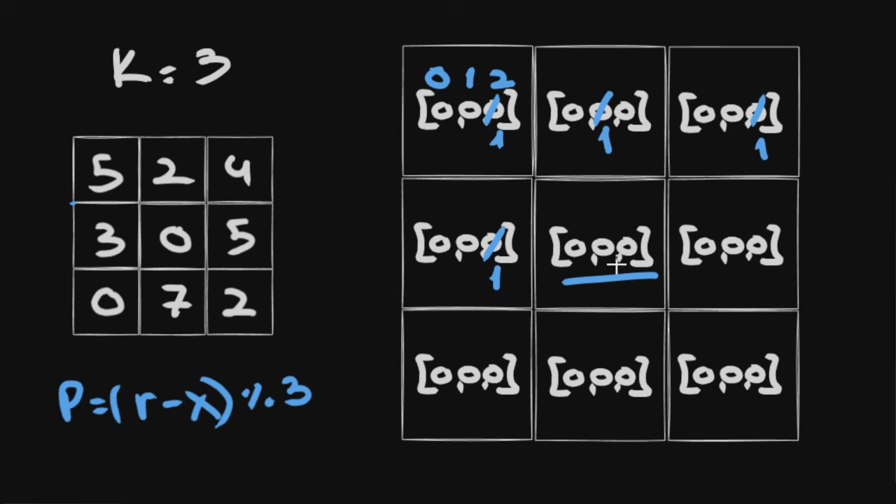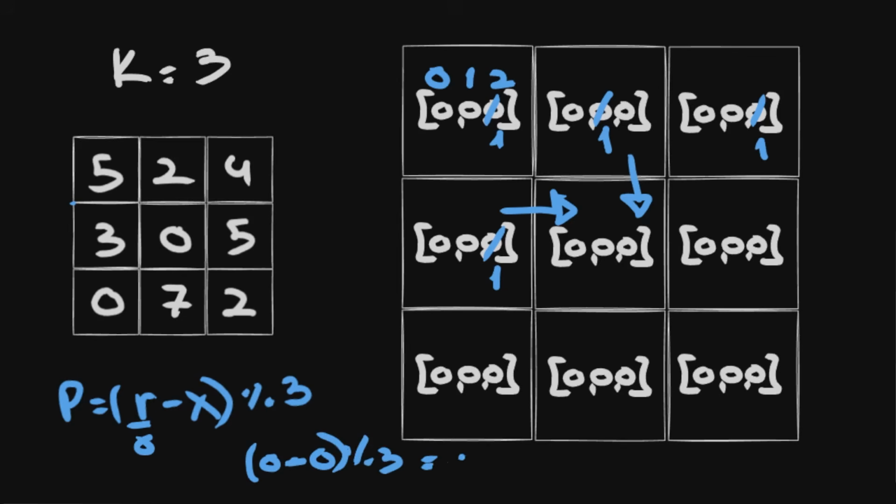We need to store here the accumulated effect up to this point considering this cell. So we need to take the information from this cell and the information from this cell. So we are using this for each of these. So first we start with a remainder of 0. And 0 minus the current number, 0, modulo 3 is 0.